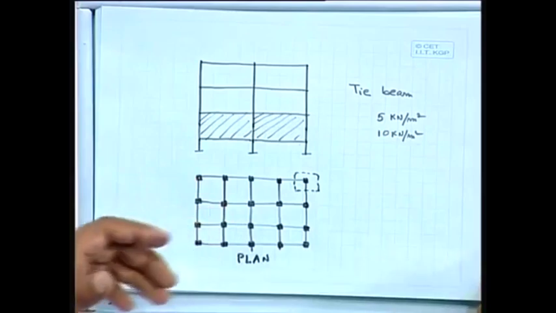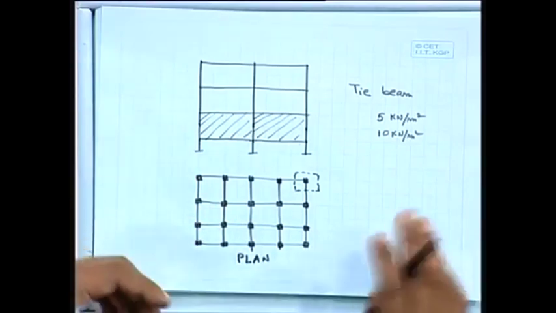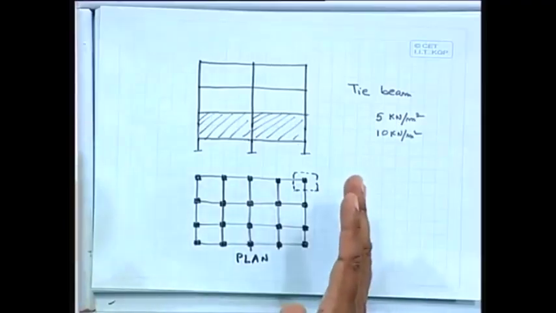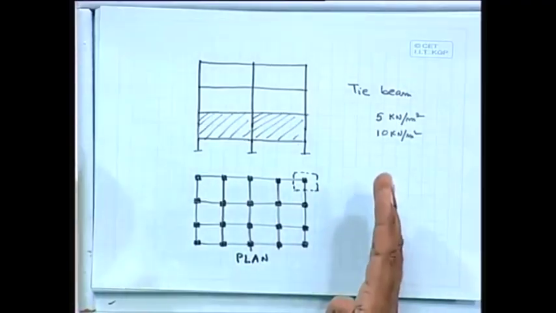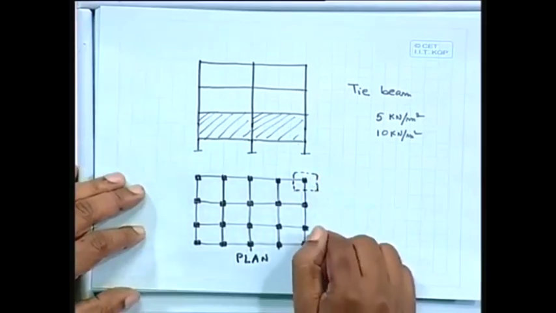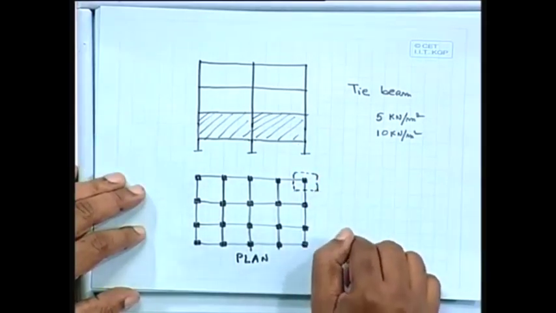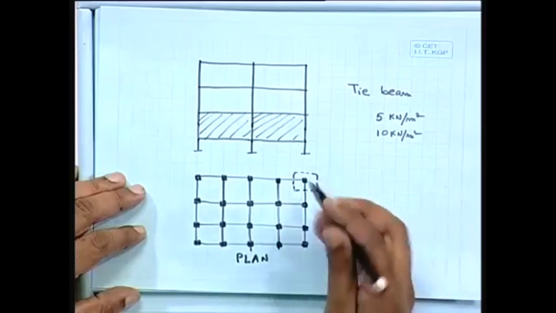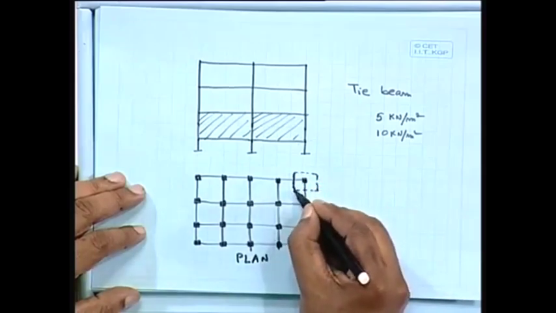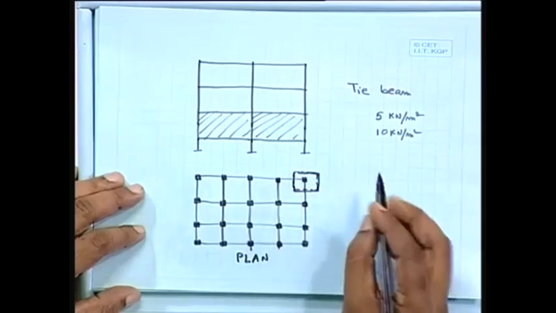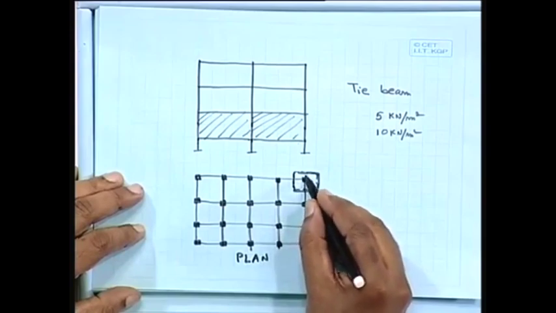The soil bearing capacity, how much load it can take, depends on whether it will pierce or not. If it is hard soil, if it is rock, then obviously it will not penetrate. Otherwise it may penetrate. So you have to give certain dimensions here also, and we shall find that out, and it is very simple.